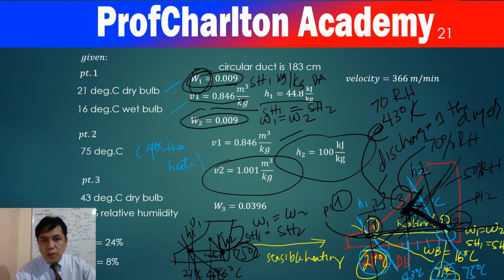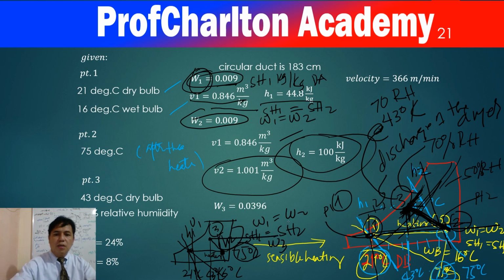That's why we have H2 here, right? And then at point 3, you can get the W3 here. Okay? So W3, which is the specific humidity 3.